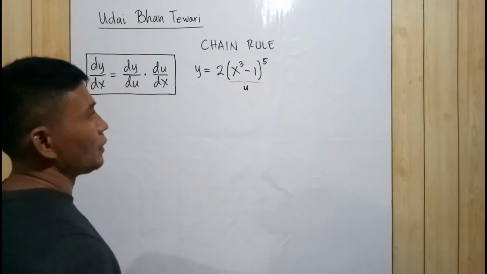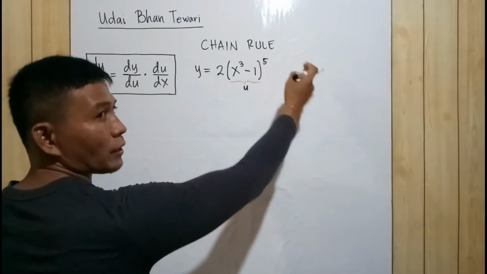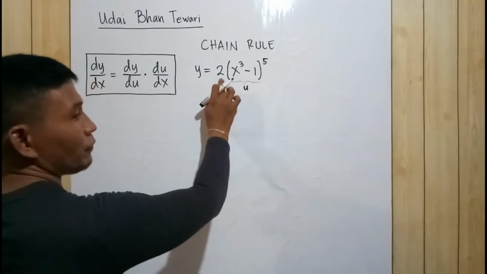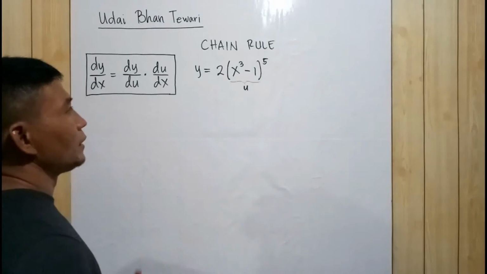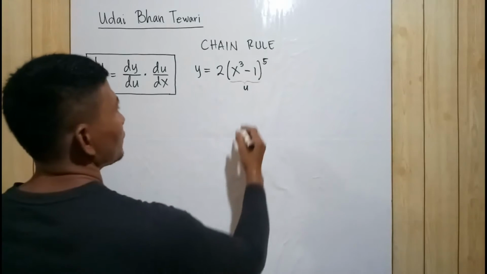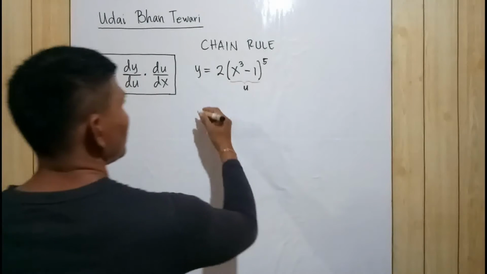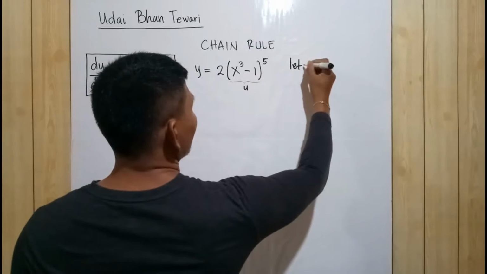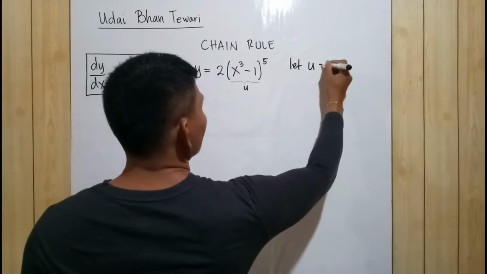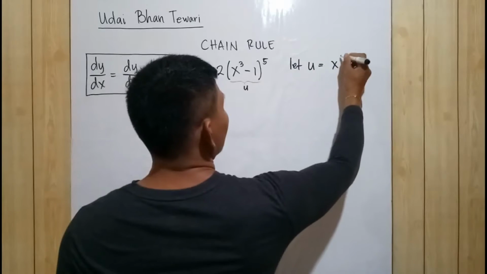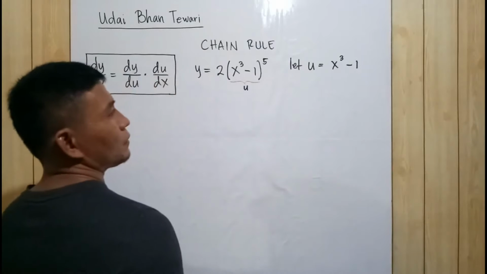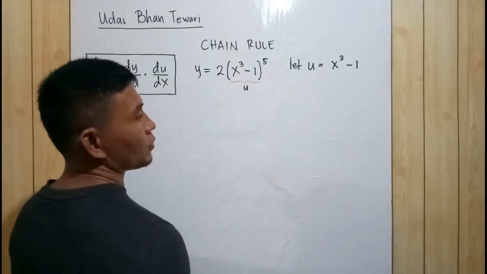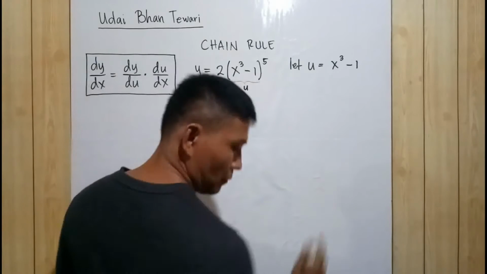Okay, u does not include the exponent outside the quantity nor the coefficient for the quantity. So letting that be u, we let u be x cubed minus 1.